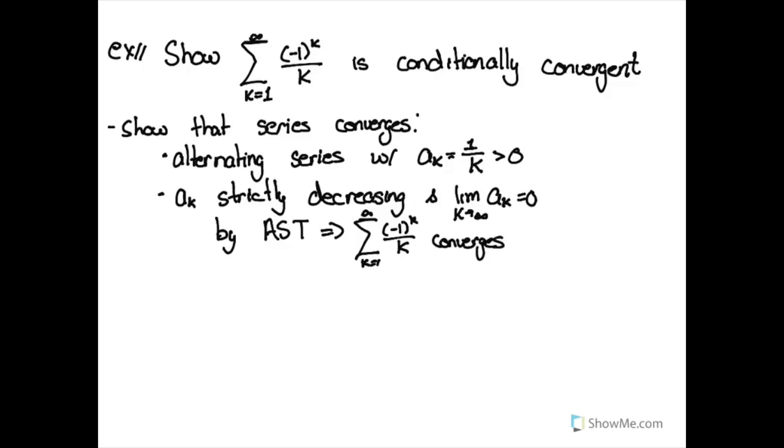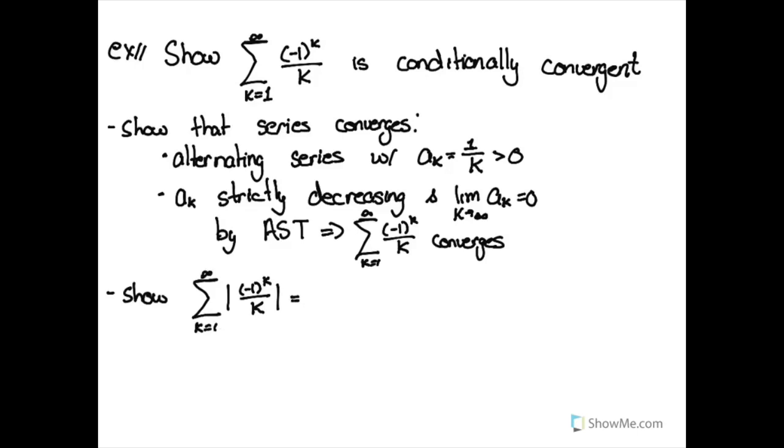The second thing we need to show is that the series of absolute value diverges. So we need to show that the series of the absolute value of (-1)^k over k, from k equals 1 to infinity, diverges. Let me simplify that right now.